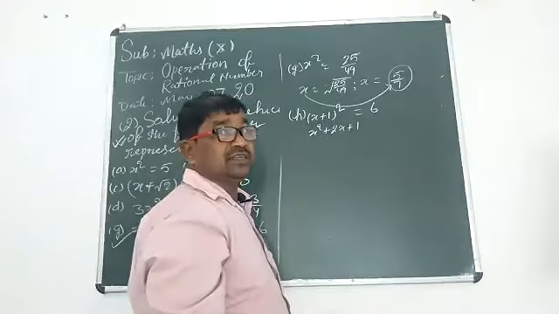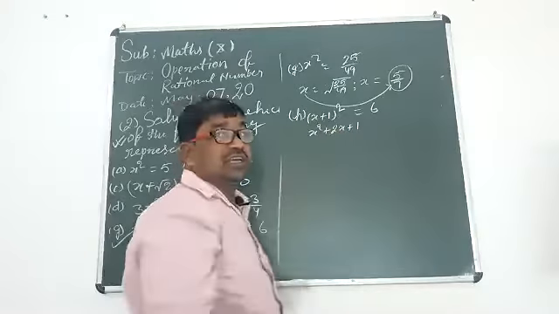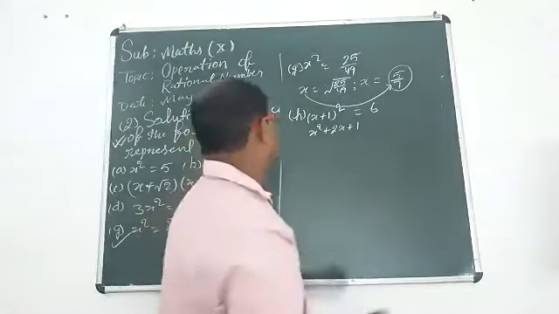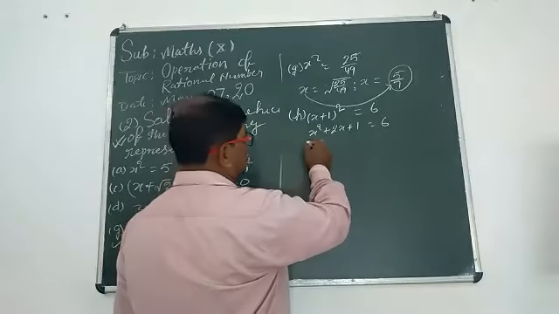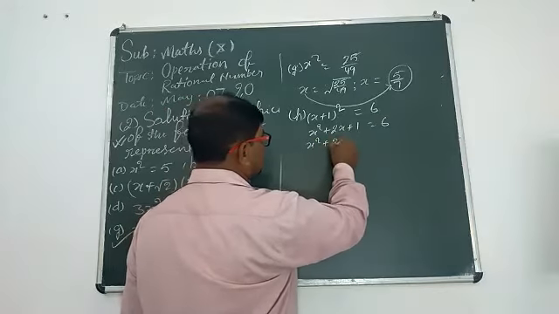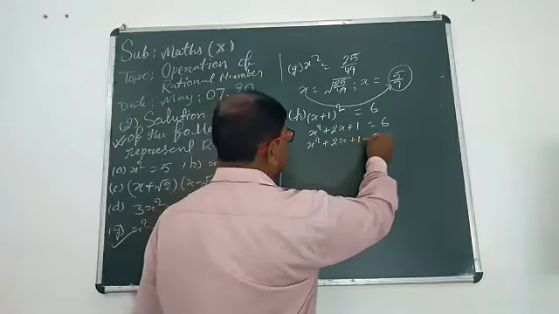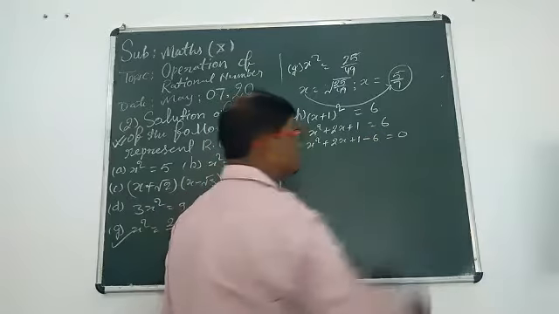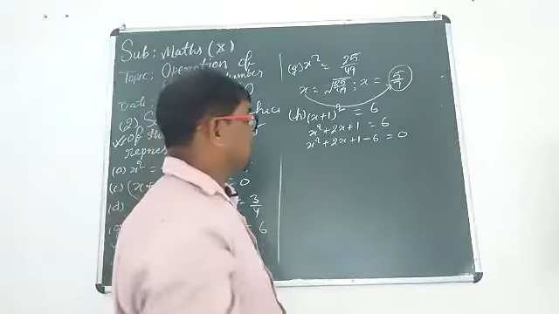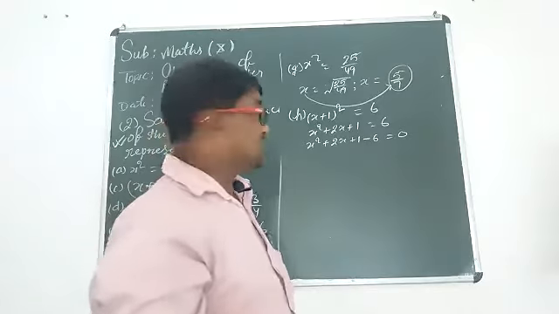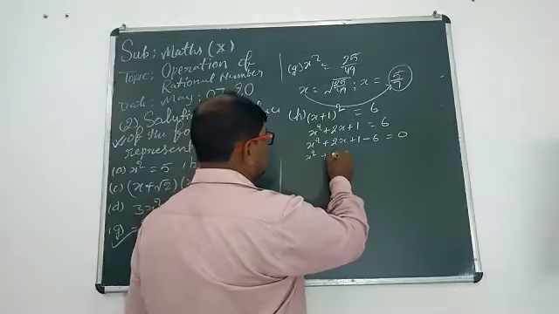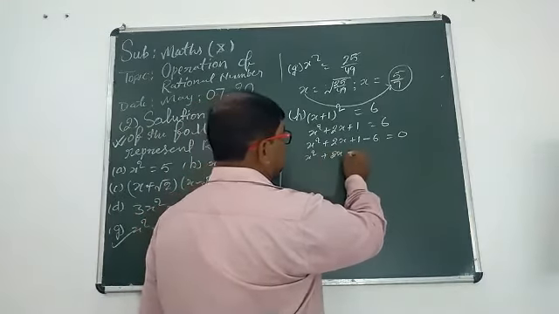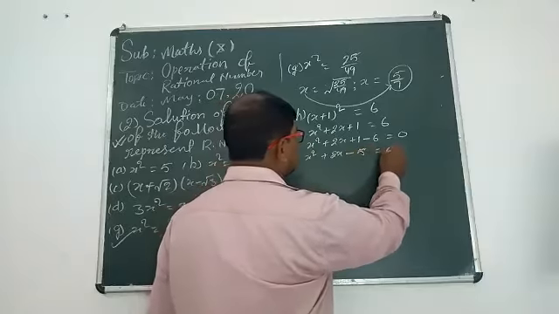Do you know the identity? Whole square of a plus b, a square plus 2ab plus b square equal to 6. Now student, x square plus 2x plus 1 minus 6 equal to 0. You can write. Quadratic this is. Now x square plus 2x minus 5 equal to 0.